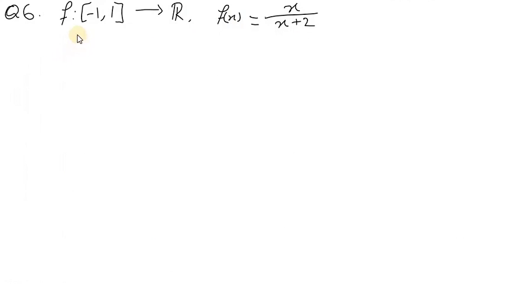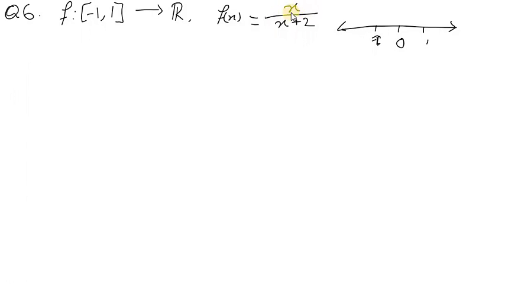So this is the question. You have a function from the closed interval -1 to 1. You know what a closed interval is: on the number line you have 0 here, 1 here, and -1 here, and we are talking about all the points in between.